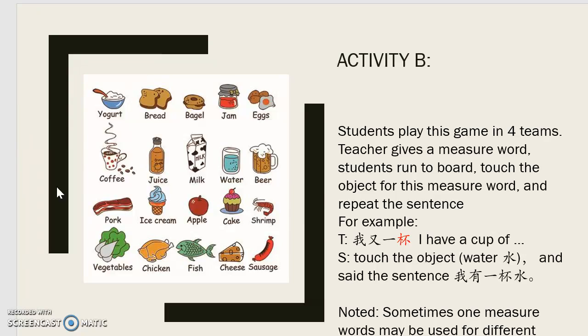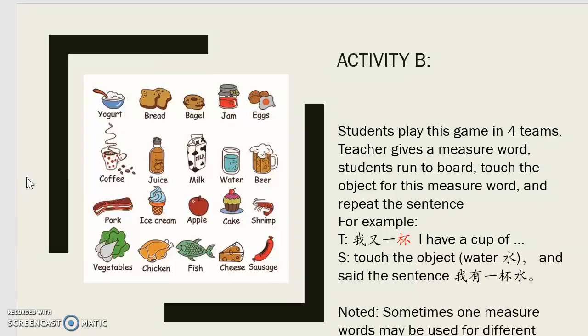For example, first I will give them an incomplete sentence with the measure word, like 我有一杯, so 杯 is a measure word, and then there should be an object. Students will run to the front of the classroom and touch the corresponding object, and then they need to complete the sentence, like 我有一杯水, and say the whole sentence.